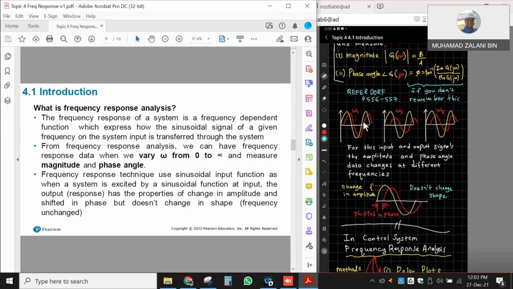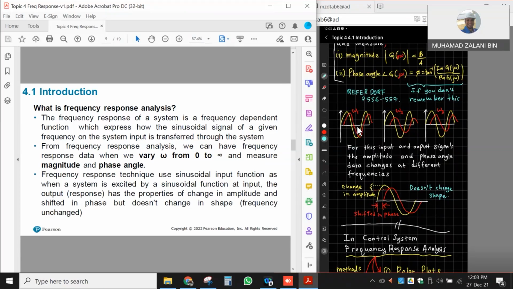As you can see here, as we vary omega, this is one frequency, this is another frequency, and this is another frequency. We can see the change of amplitude and phase angle.